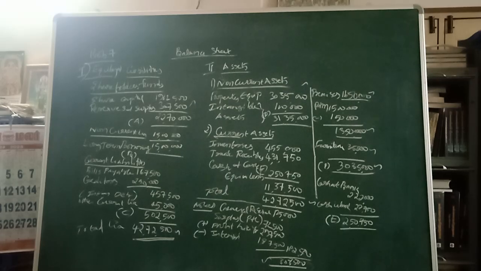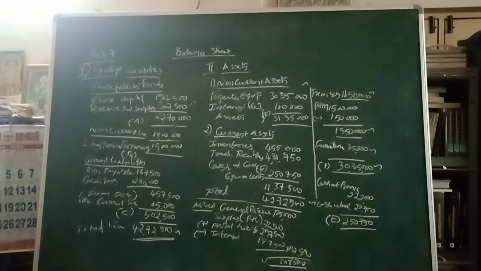Then subscribed capital of 20 lakhs. That should go to Schedule number 1, share capital. And also you should keep in mind one important piece of information in this question. It is given as calls in arrear 37,500. That amount of calls in arrear should be deducted from share capital.